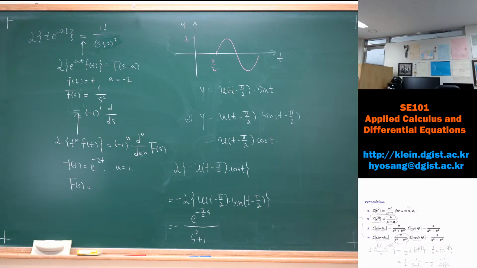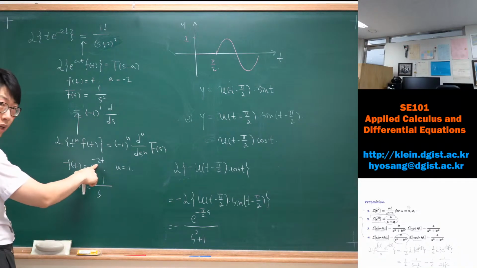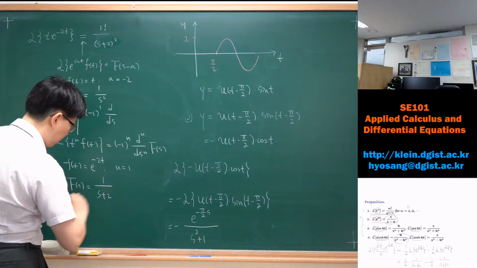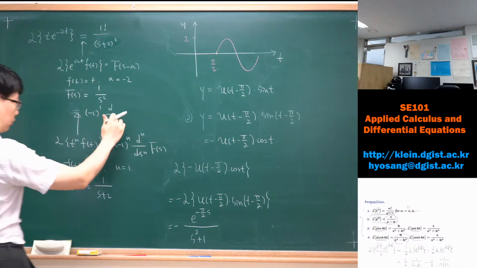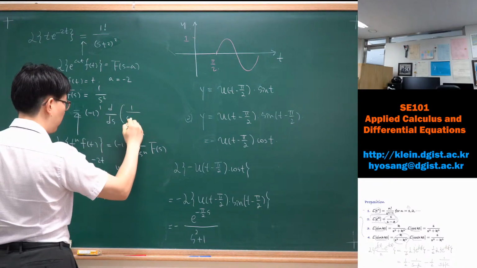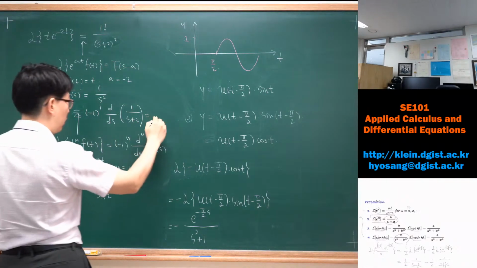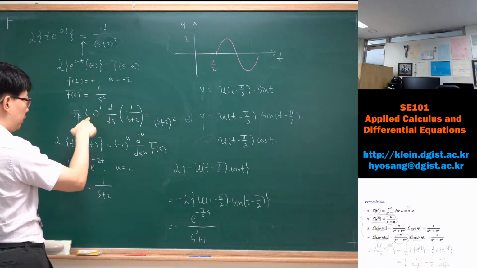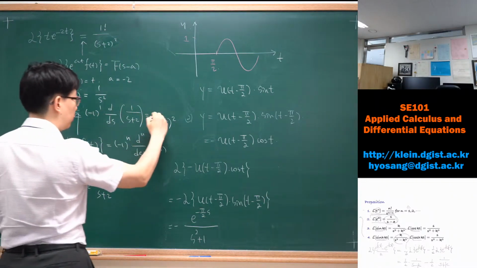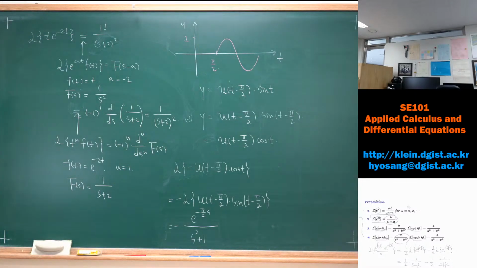It's 1 over s minus of minus 2, so it's s plus 2. Therefore, take the derivative of 1 over s plus 2 and take a minus 1. We have s plus 2 squared to the minus 1, but I have a minus 1 already here, so it's a plus 1. So I have the same result, okay?